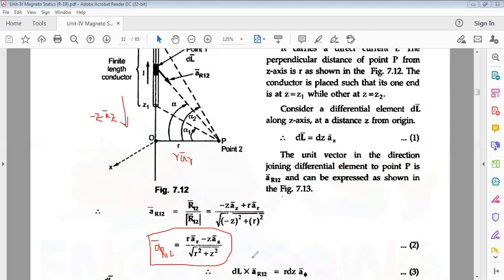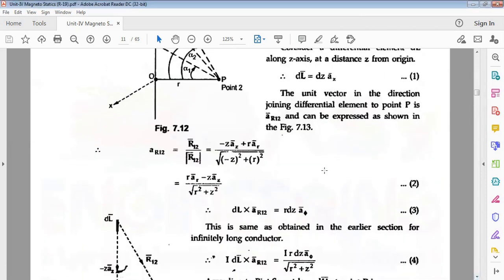And what is dl bar cross ar bar? We can check it with the determinant.